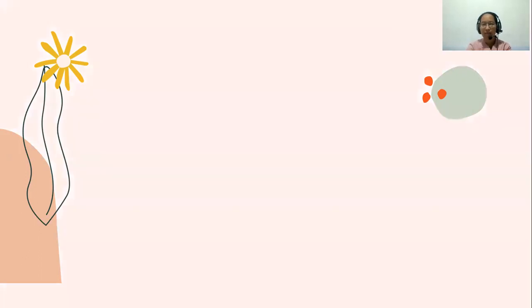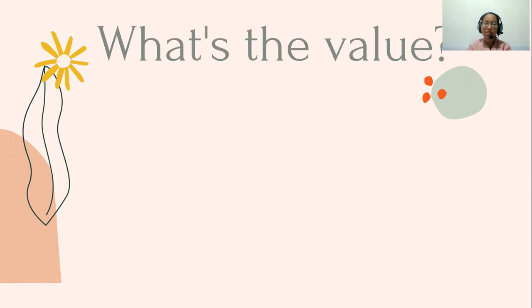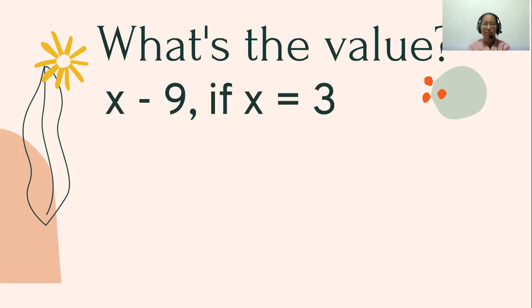Let me start by testing how well you still remember how to evaluate an expression. So this is entitled, What's the Value? What's the value of x minus 9 if x is equal to 3? Try to think of it by mental checking or mental substitution.